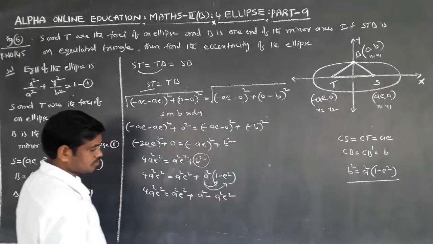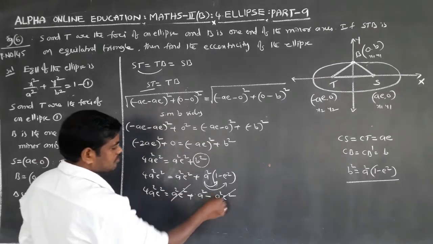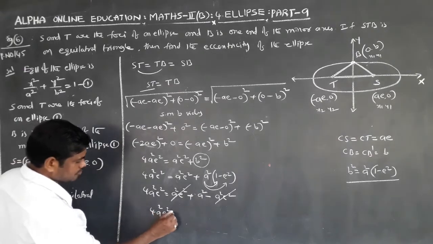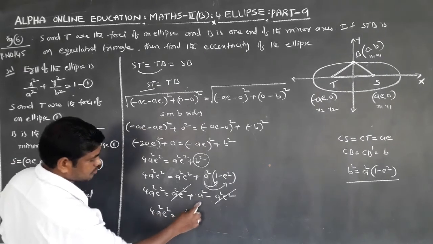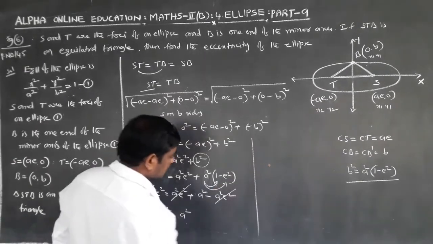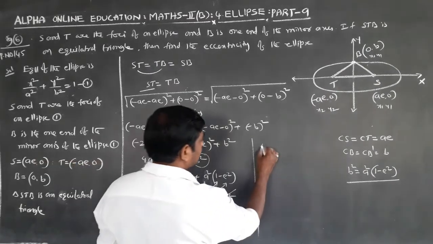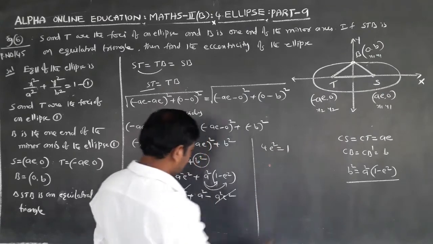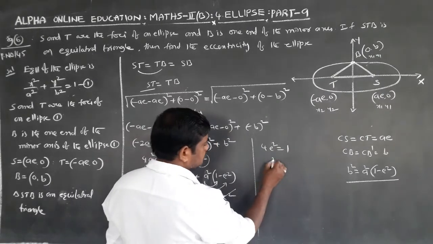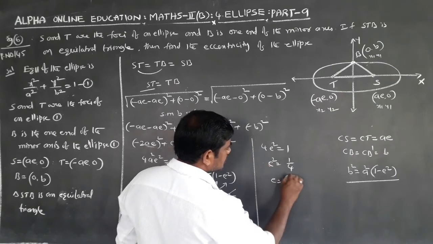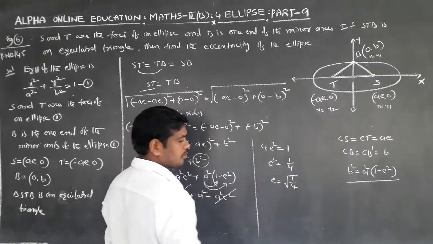A square E square and minus A square E square get cancelled. 4A square E square is equal to A square. Both sides A square get cancelled. 4E square is equal to 1. E square equal to 1 by 4. E is equal to root of 1 by 4.